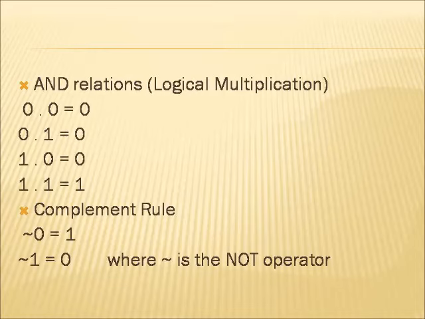So in the case of this logical multiplication, it will produce 1 only when both values are 1. Okay. Now we have the complement rule. In the complement rule, the negation of 0 is equal to 1. The negation or the complement of 1 is equal to 0. So we use the term complement or negation to represent the complement. Okay.